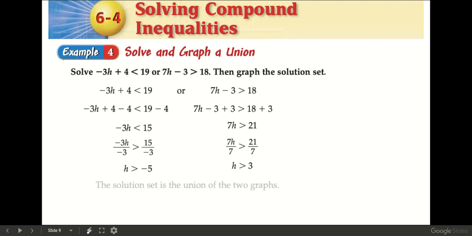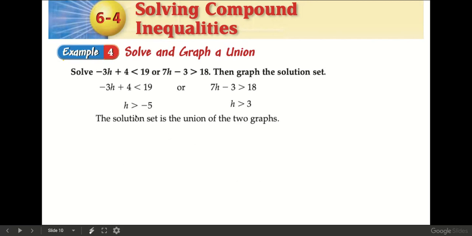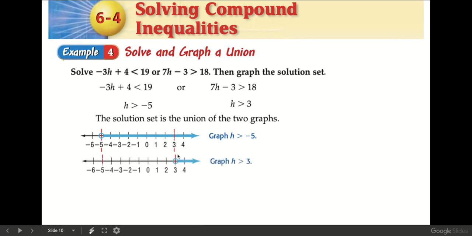Now here's an interesting thing, right? The solution set is the union of these two graphs. So let's graph both of these, right? So I'm graphing this and this. So here's the graph for h is greater than negative 5. Here's the graph for h is greater than 3. Now if you notice, both of these graphs are headed off in the same direction. So if it has to satisfy this or this, right, as long as it's satisfied as one of them, it works, right?